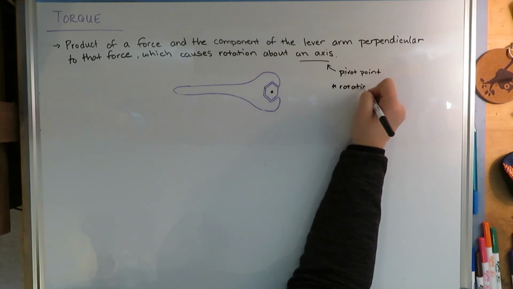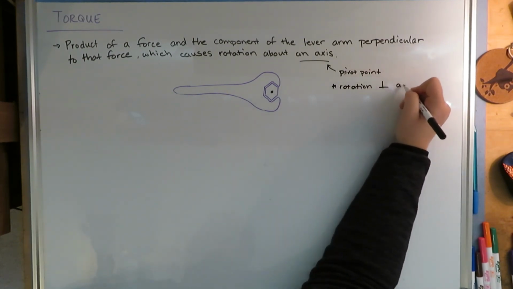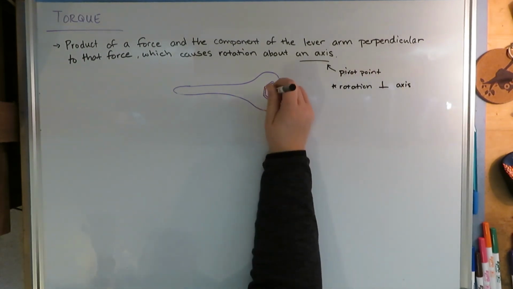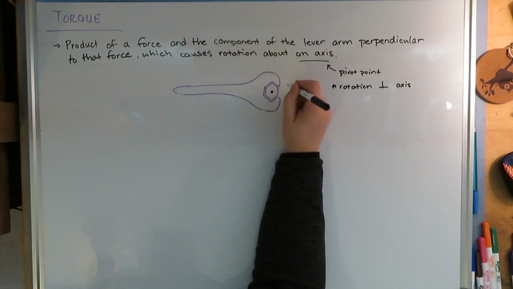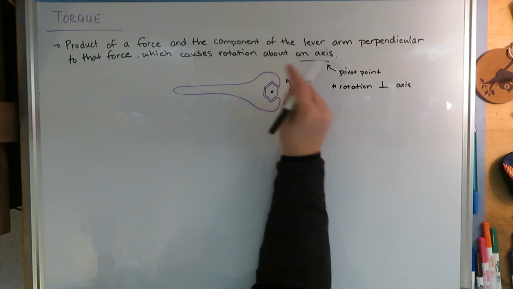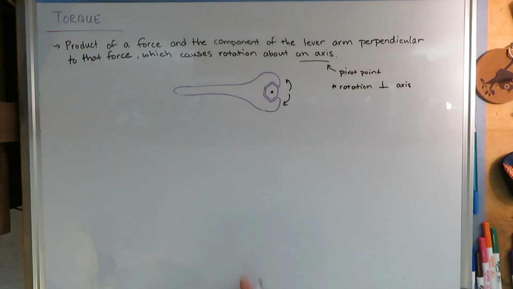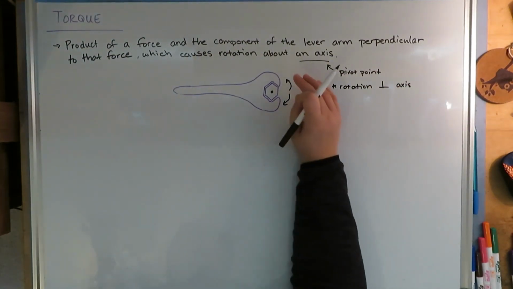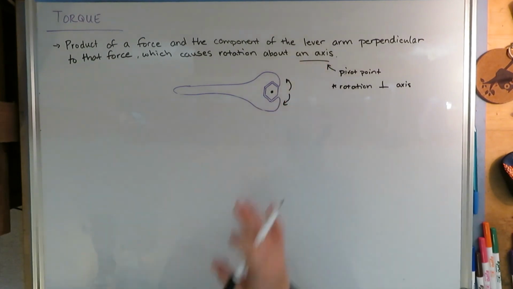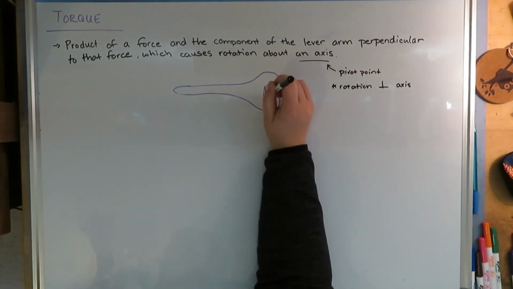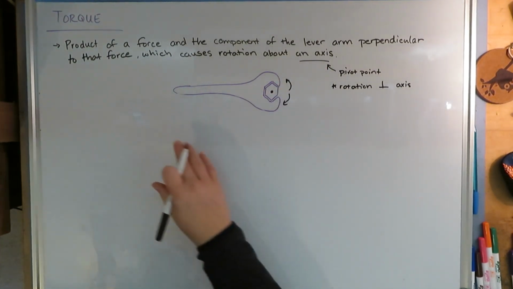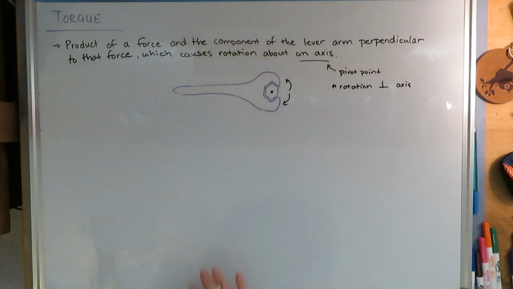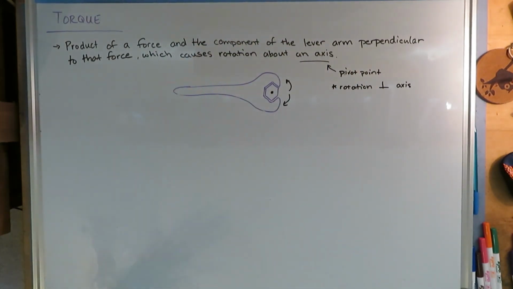So in this case, my axis is straight up out of the page, which means I can have a clockwise or a counterclockwise rotation in the plane of the page here. So about this particular axis, I need to apply forces that will cause clockwise and counterclockwise rotations. Those forces will contribute to a torque.